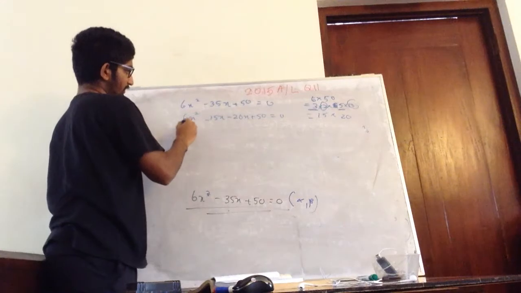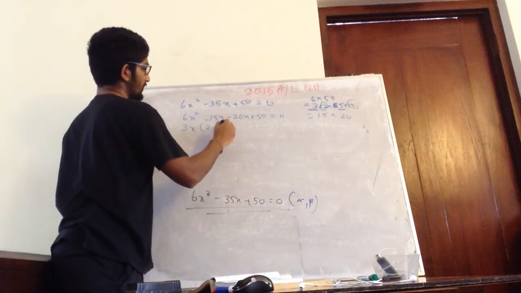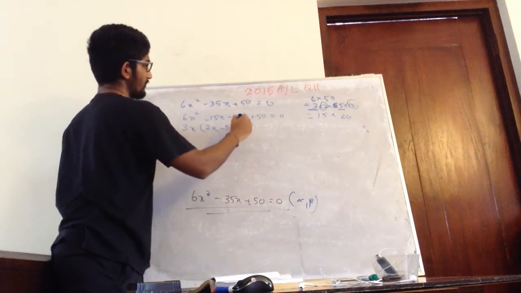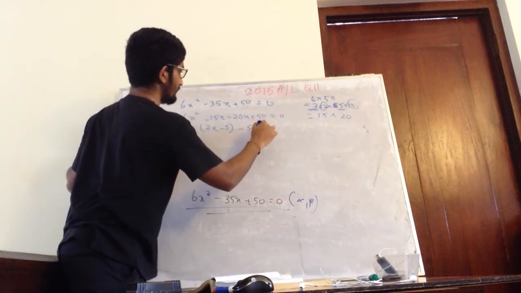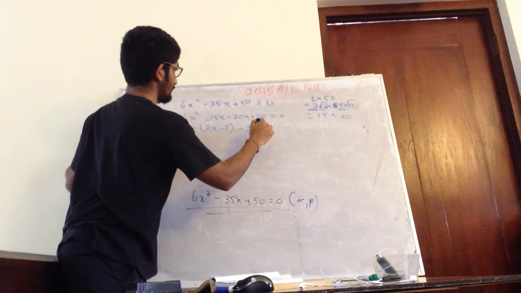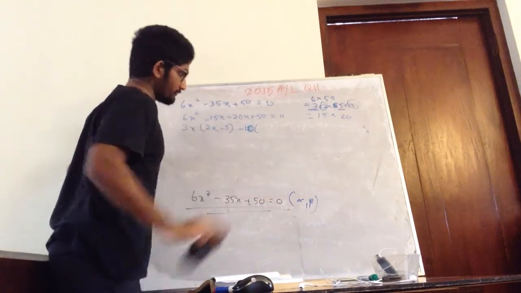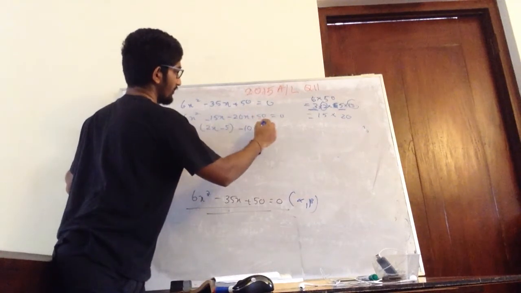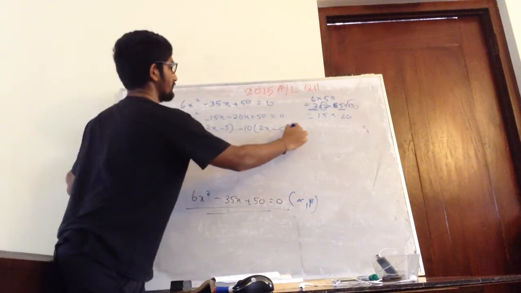So I am going to take 3x here: 3x(2x minus 5) minus 10, which is minus 10(2x minus 5).